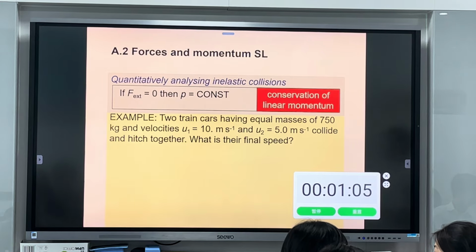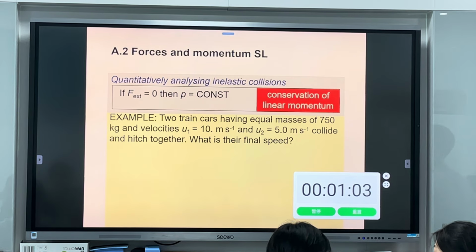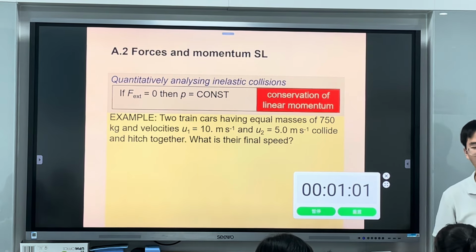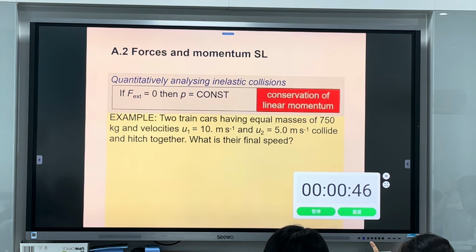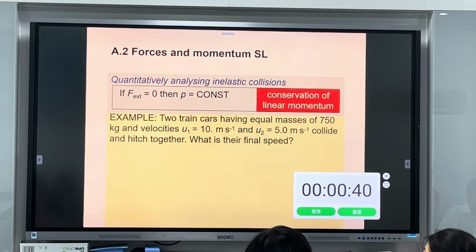Second, momentum should be conserved, so total momentum after is equal to total momentum before. And then you can solve the final velocity. The trickiest part in DP is the direction, because velocity and momentum are vectors. Maybe there is a change in direction. You should be super careful about that.